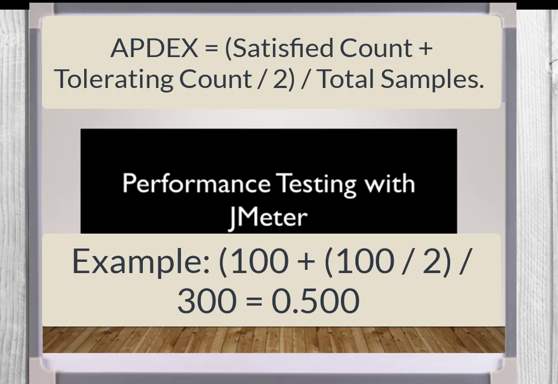The conclusion is that the higher and the closer the APDEX gets to 1, the better it is. An APDEX of 1 indicates all samples are responding within the acceptable or satisfaction threshold, meeting SLA.